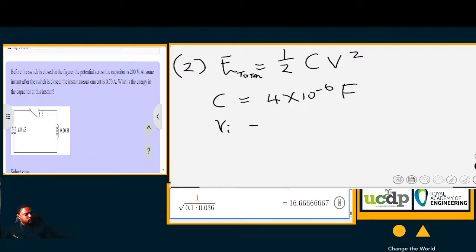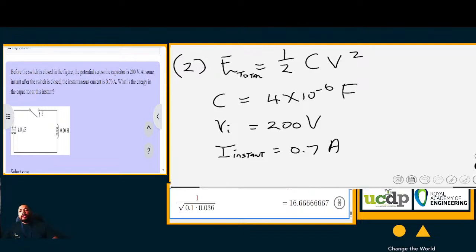So the initial voltage is 200 volts. And the instantaneous current after the switch is closed is 0.7 amperes. I usually like to write out everything I've been given so I know immediately what I need to do.